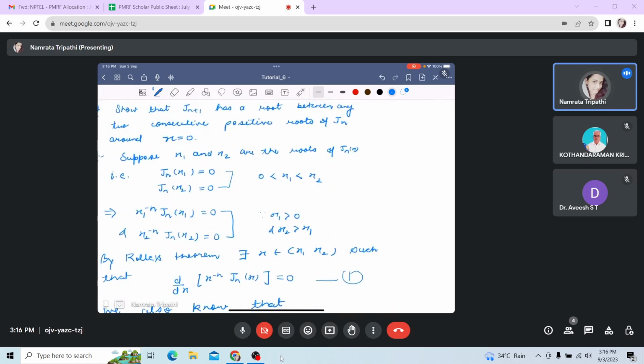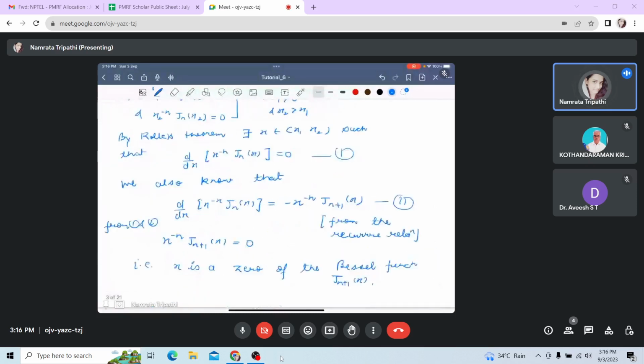In this question, we have to show Jn plus 1 has a root between any two consecutive positive roots of Jn around x equals 0. So, we suppose x1, x2 are two consecutive roots of Jn, and we use Rolle's theorem. With the help of Rolle's theorem, there exists an x between x1, x2 at which the derivative of the function is 0.